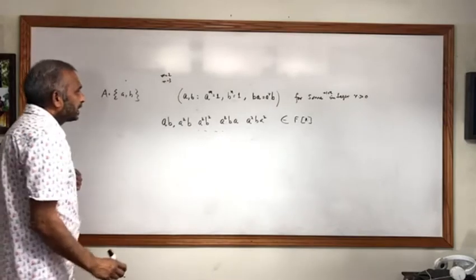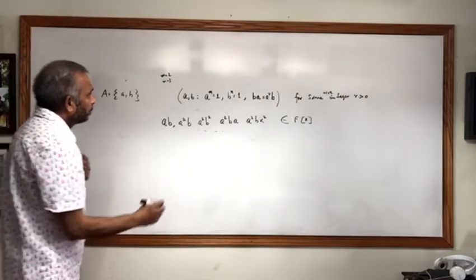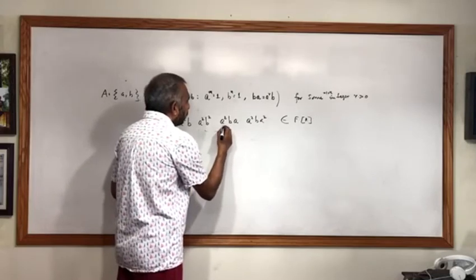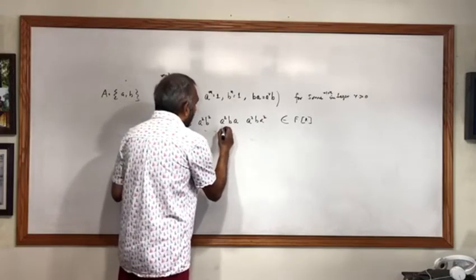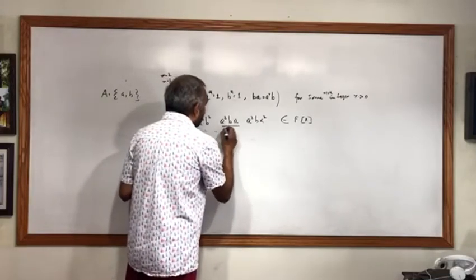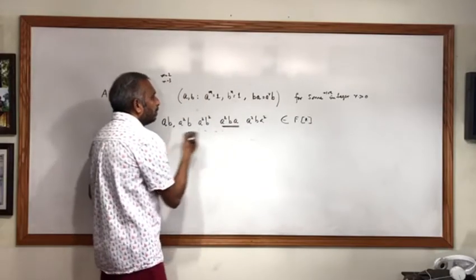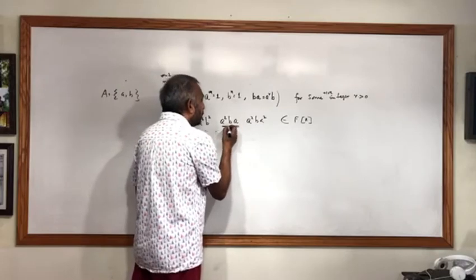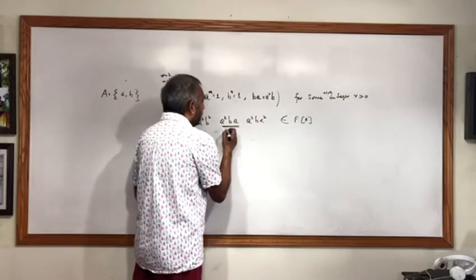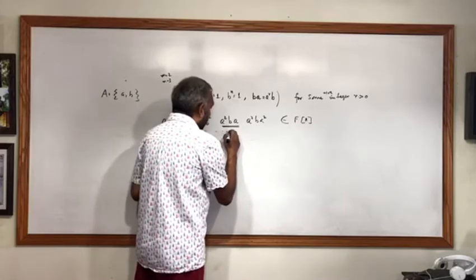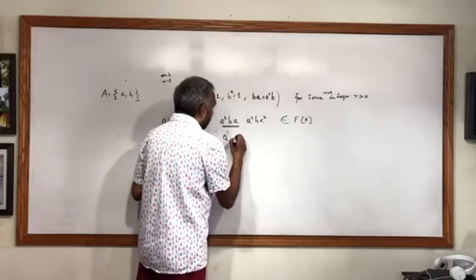The reason is that if you have an element like this, then we want to reduce that element to a^i b^j.